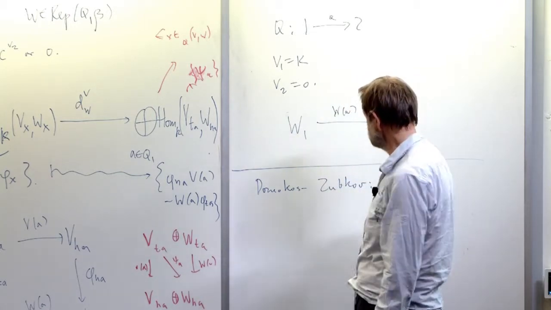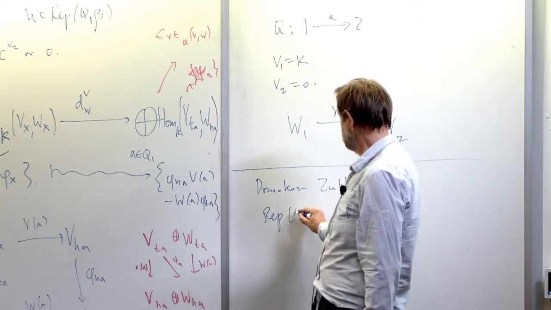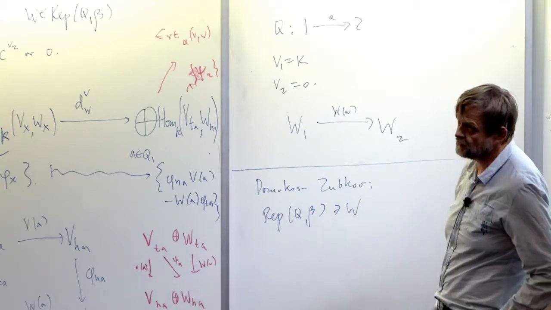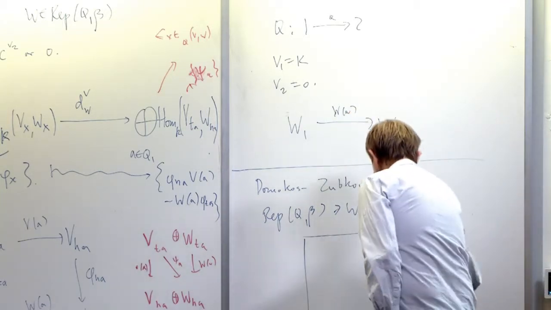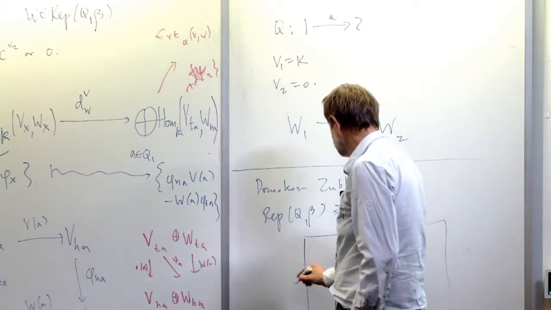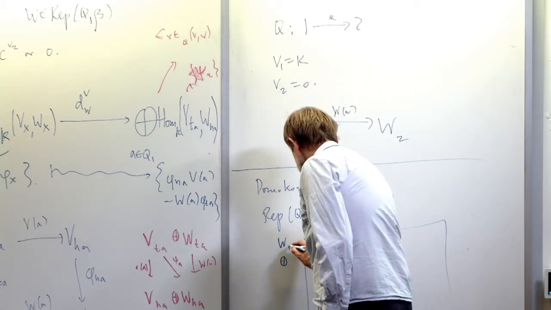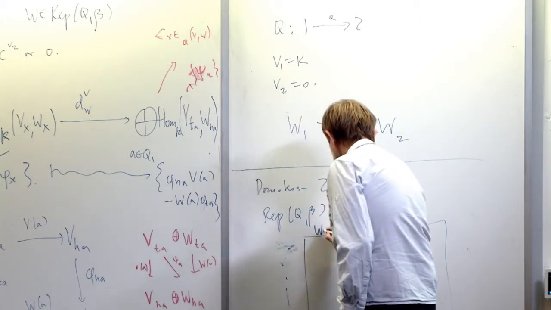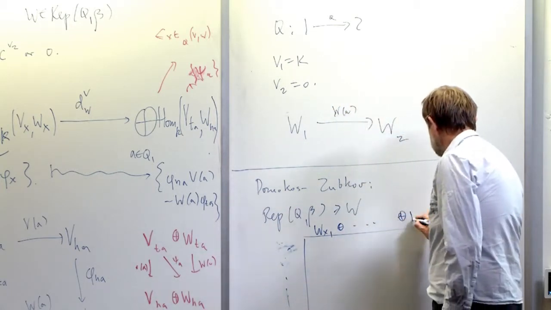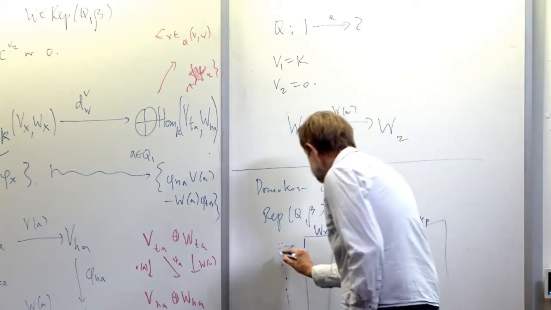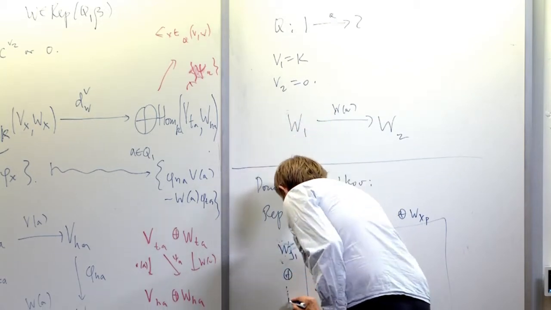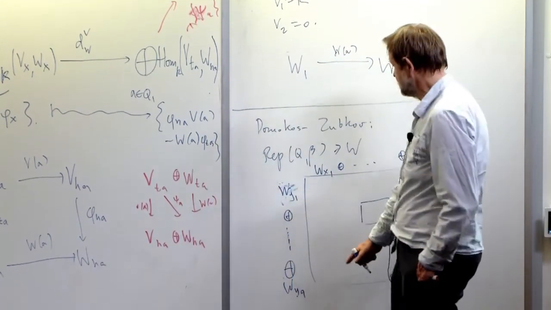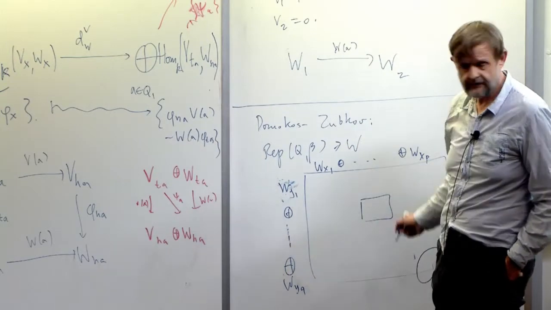Basically, they said something like this. I have now semi-invariants for rep Q, beta. This is very different, and I want to define the semi-invariant. You take block matrices, linear maps from WX1 plus ... plus WXP to WY1 plus ... plus WYQ, such that this is a square matrix.